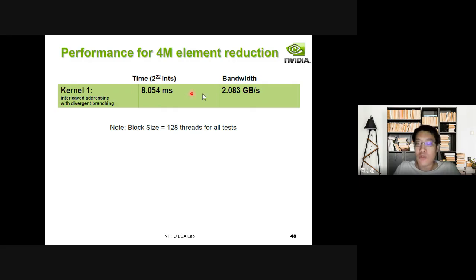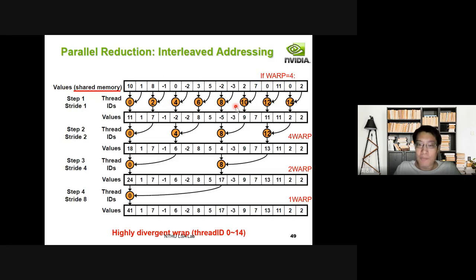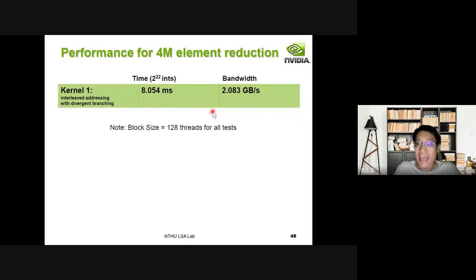That gives you how much data is processed per second, which is your data processing speed. The speed of this GPU is actually 80 gigabytes per second. So 2 is very bad performance, because the optimum bandwidth should reach 80, and you are at just 2. It's pretty bad performance.